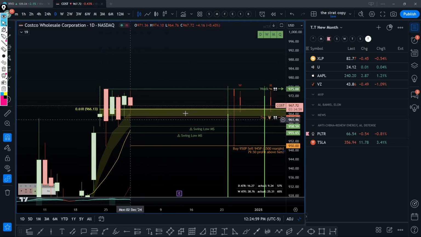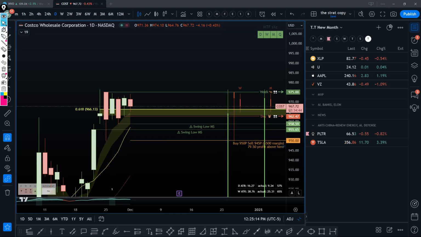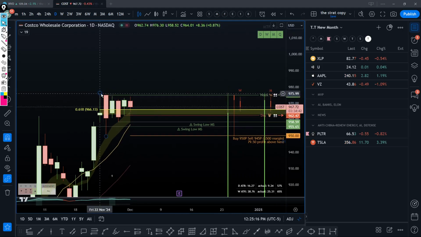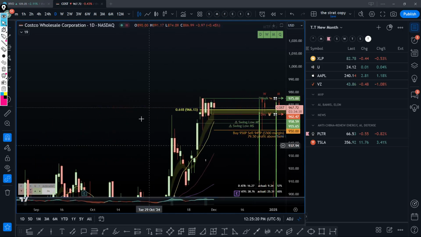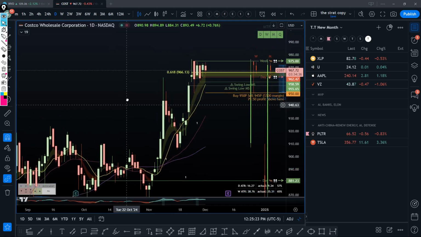I'm hoping that it doesn't drop below there and potentially uses that to bounce and eventually tackle 975, which is I think an all-time high. So this could potentially be headed to 1,000 easily if the consumer staples sector stays strong.